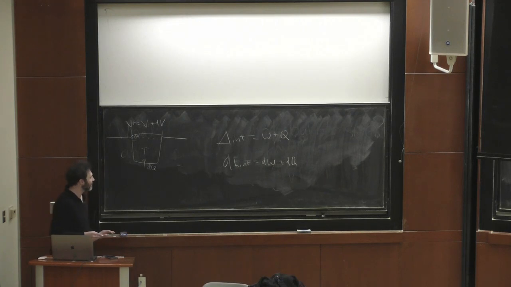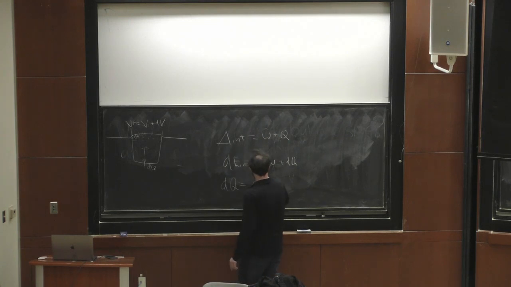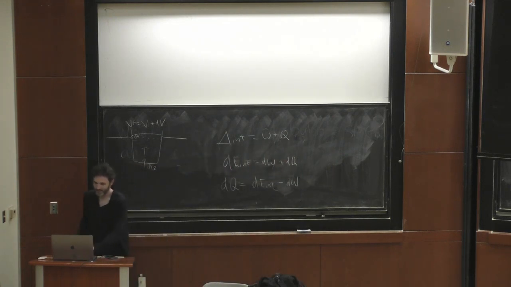So we can move dQ over to the other side. We can say that dQ is equal to dE internal minus dW, right? That's pretty straightforward.